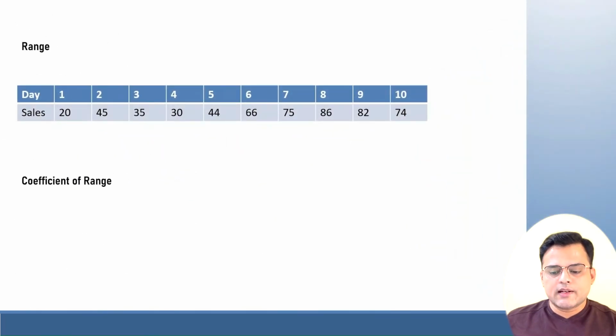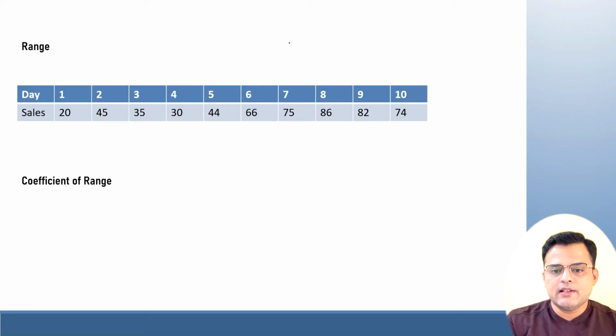First, what is range? Range is the difference between the largest and smallest observation in the data set. Here I have one data set.